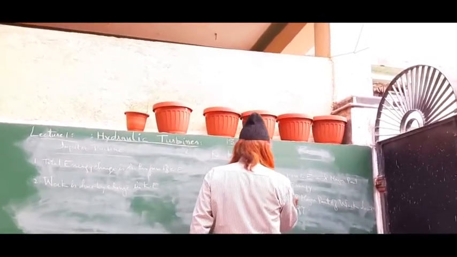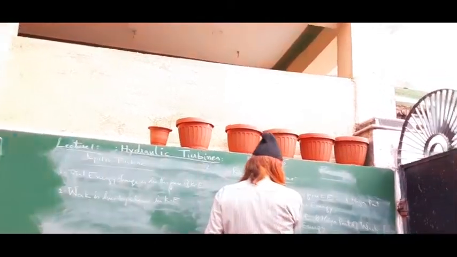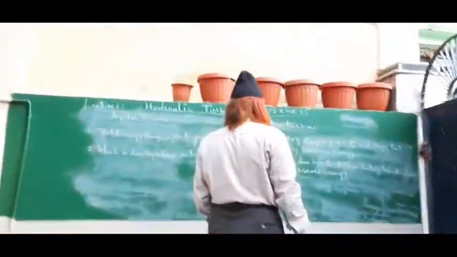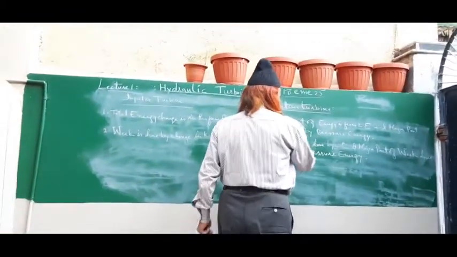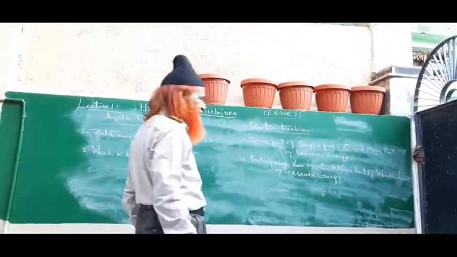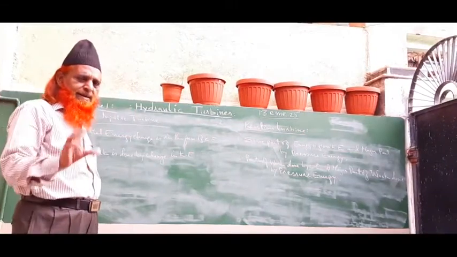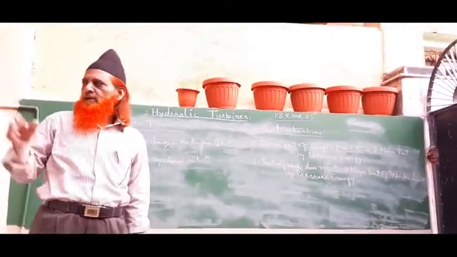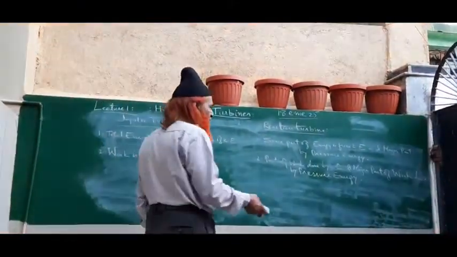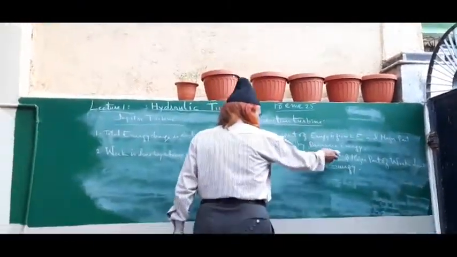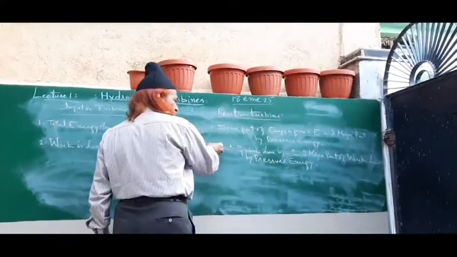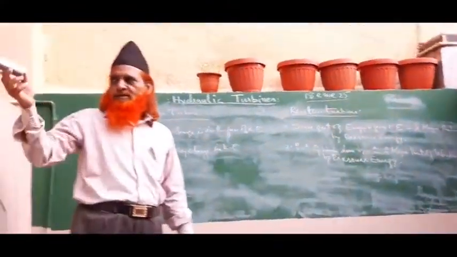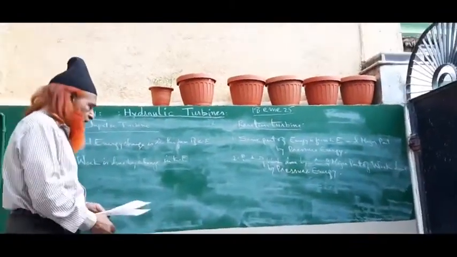Part of work done by kinetic energy we can avoid. The major part of work done by pressure energy we can say. That is mainly that kinetic energy is only to regulate the flow, that's all. Therefore, you can avoid this also. You can say major part of work done by pressure energy we can say. Okay?